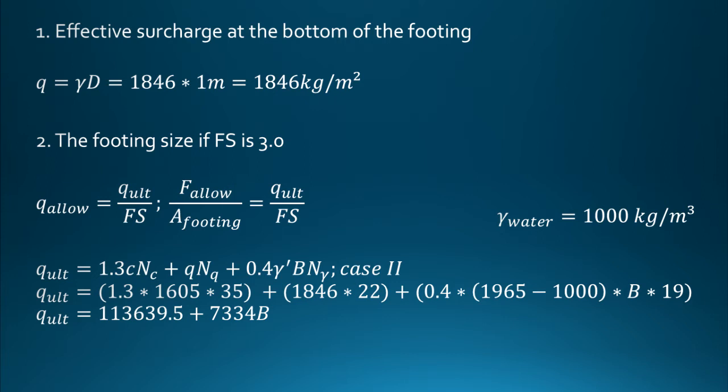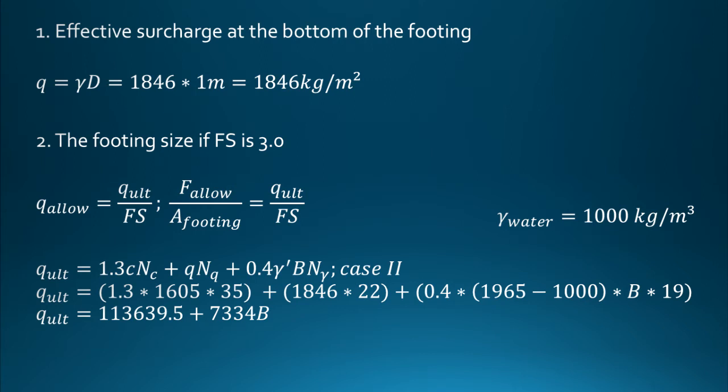And take note, since we're using kilograms, ang gamma ng water na gagamitin natin ay hindi na yung 9.81 kasi that's in kilonewtons. If we're using kilograms and meter, dapat yung gamma ng water natin 1,000 kilograms per cubic meter.